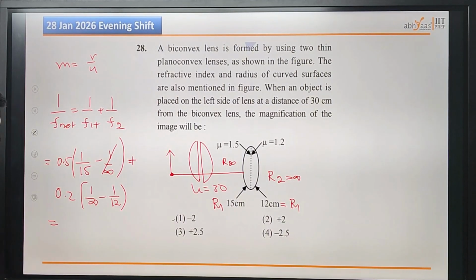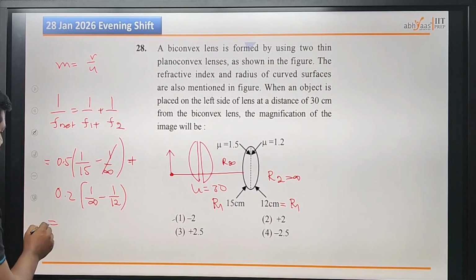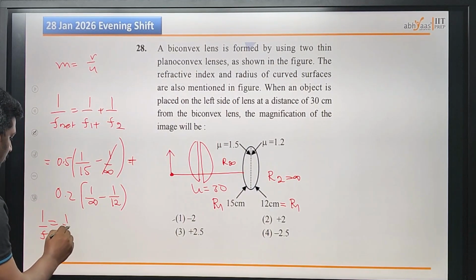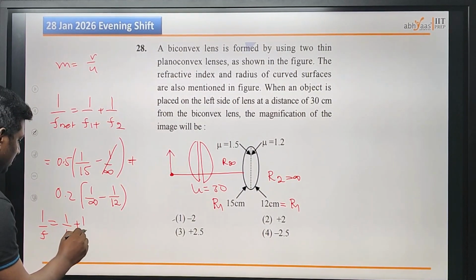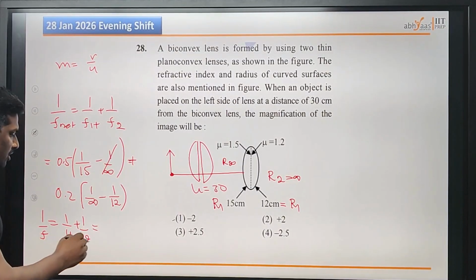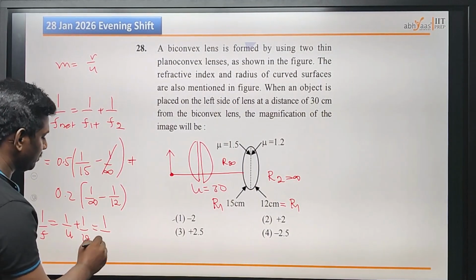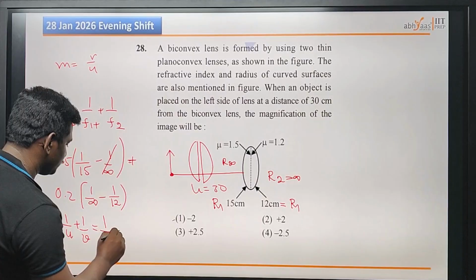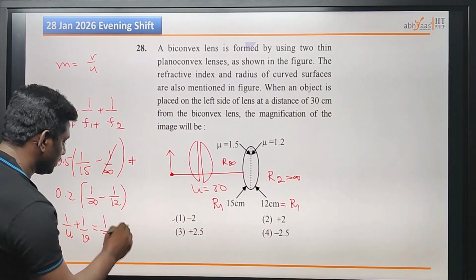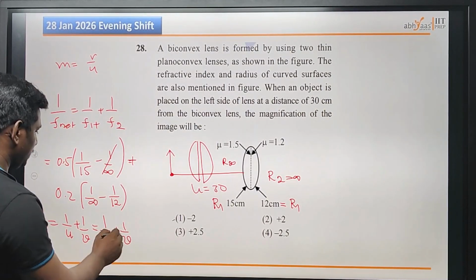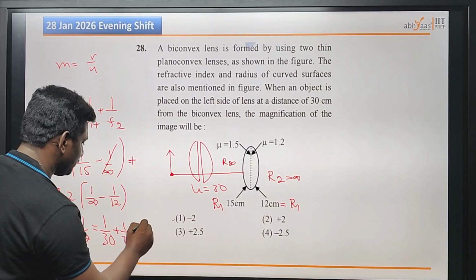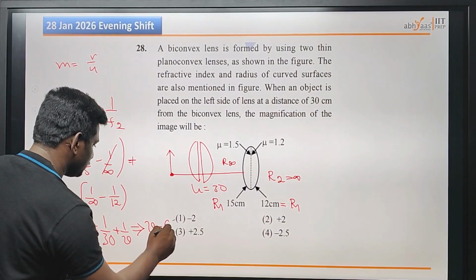So if you find this 1 by f value, 1 by f can be written as 1 by u plus 1 by v. 1 by u is nothing but they have given already 30, plus 1 by v. This is your 1 by v. From this you can simplify and v can be written as 60.